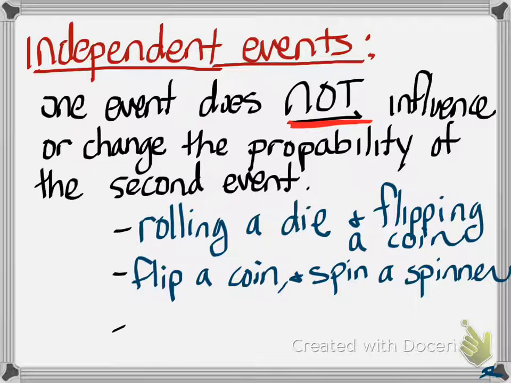Just because I'm doing two things doesn't mean that they're dependent on each other. They exist independently. One event does not influence or affect or change the probability of the second one.